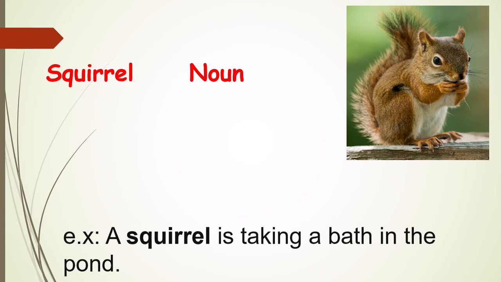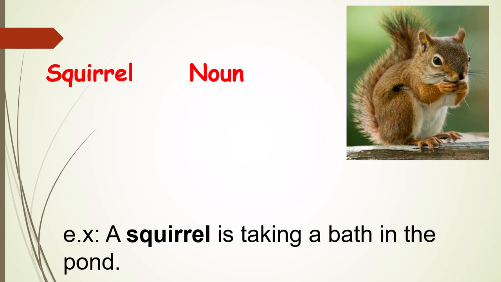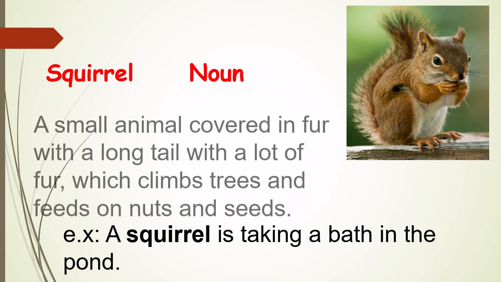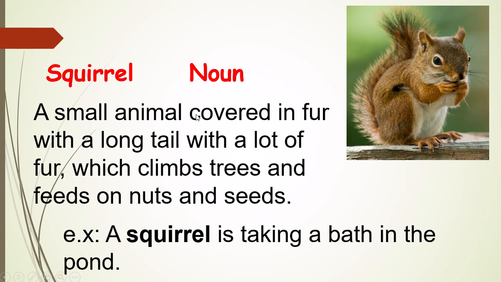Let's see an example. A squirrel is taking a bath in the pond. Let's see the definition of this word: a small animal covered in fur. Look at his body, it's covered with fur, with a long tail. Look at the tail of this animal, it's so long, with a lot of fur.